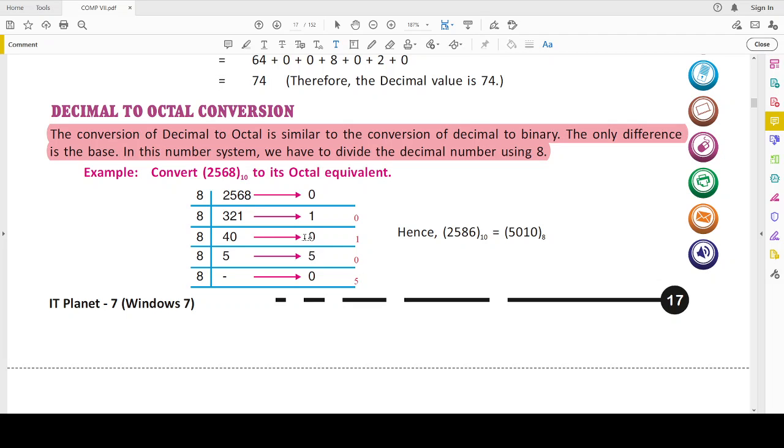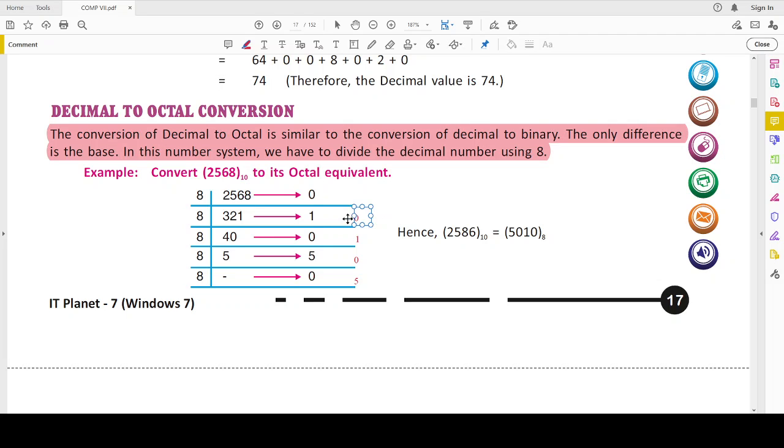So 5 0 1 0. You write it in the reverse order, 5 0 1 0. It is all right, but it has gone one step higher. There is no remainder. Okay, here is no remainder. So you cut this. I cannot cut it over here. Here there will be no remainder.